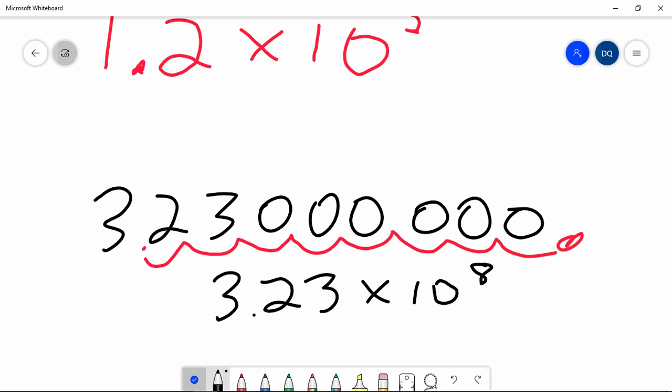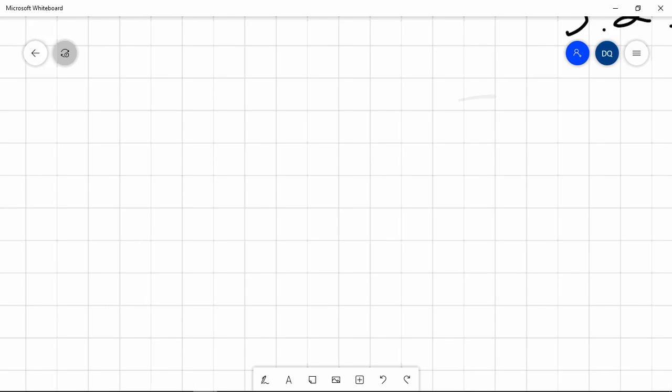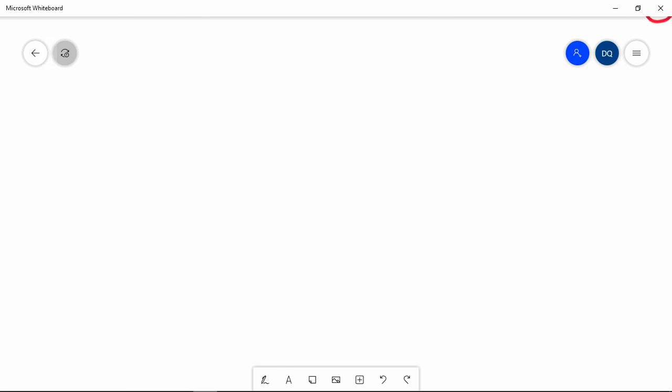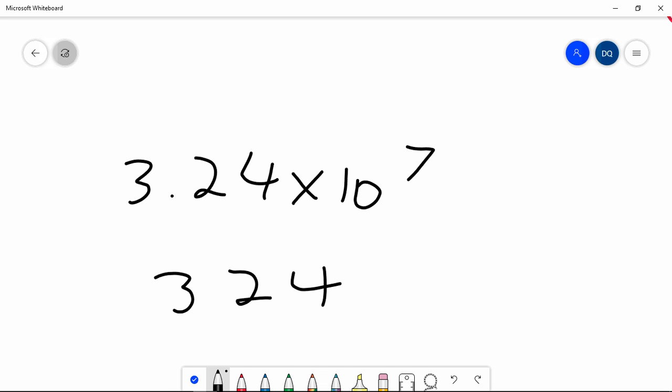Okay, now let's look at this the other way. So what if we were given scientific notation to start with? So let's say we were given 3.24 times 10 to the 7. How would I write that as a decimal number? I've got a 3, a 2, and a 4.